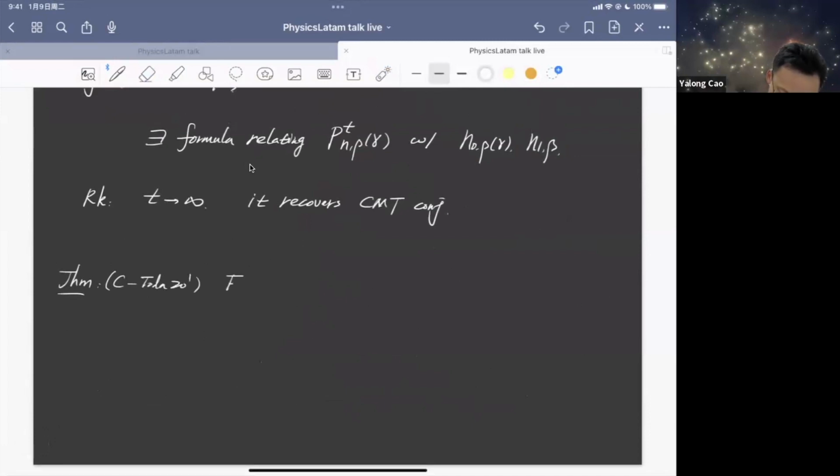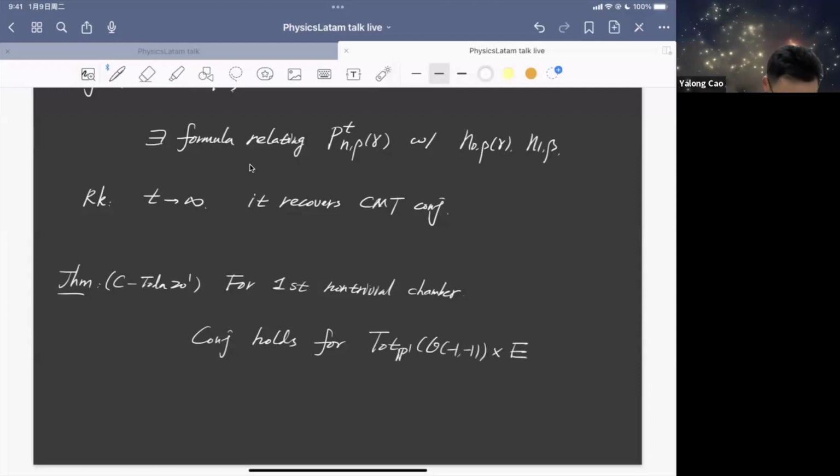For the first non-trivial chambers, this conjecture holds for this local curve, a cross elliptic curve E, for any curve classes.